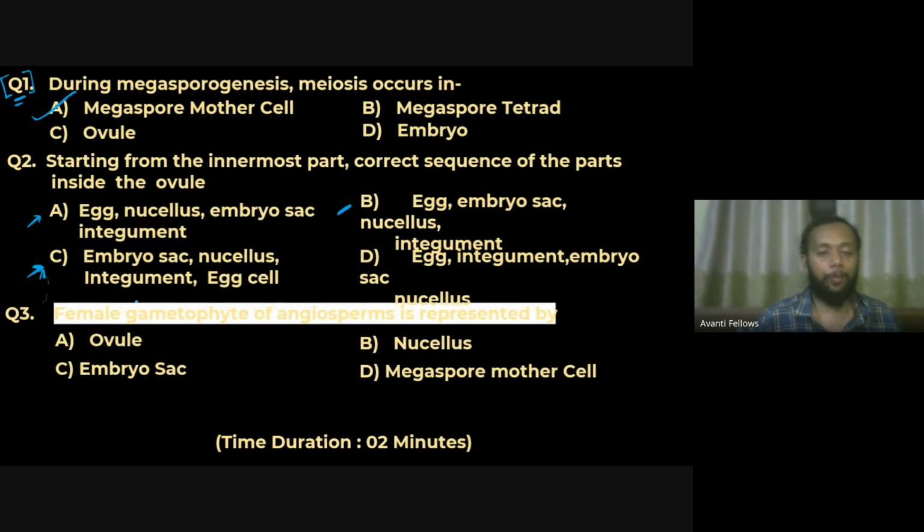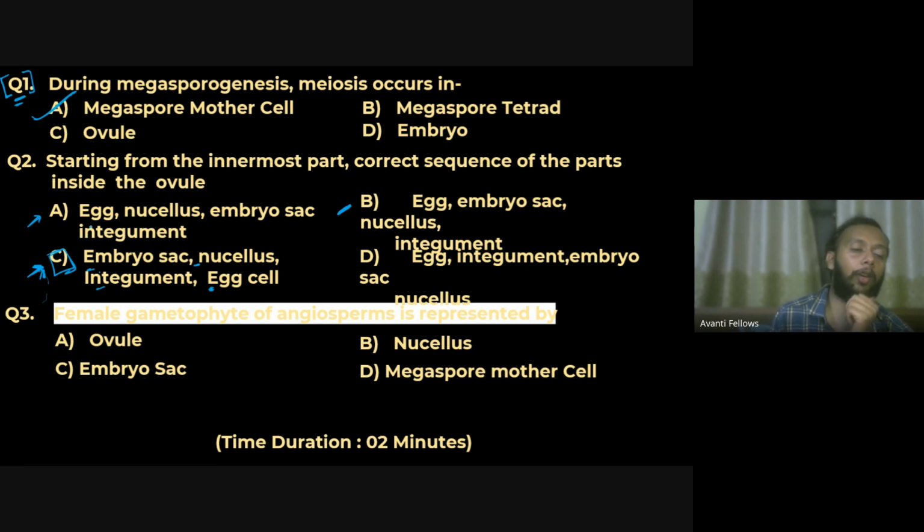Okay, see. If we look from the inside to outside, then I tell you why C cannot be the one. Because embryo sac, okay, nucellus, okay, integument, okay, but then they have the egg cell. That should be in the center, no? So that is why it won't be there. Right. Here it is getting mismatched, so it might become slightly difficult to understand.